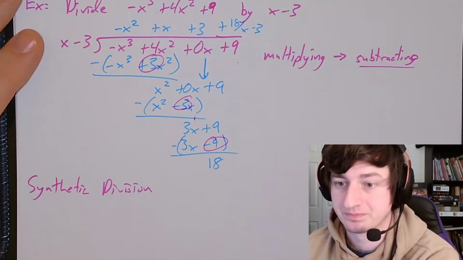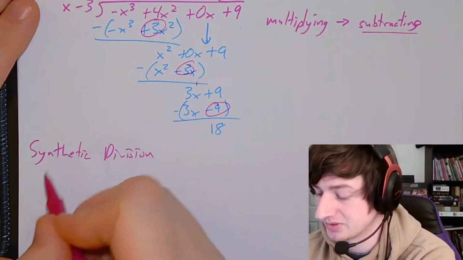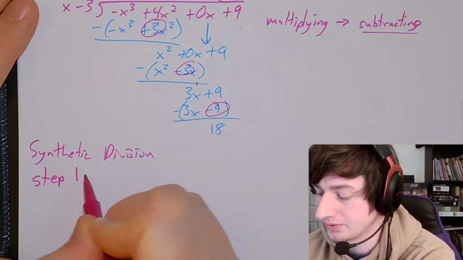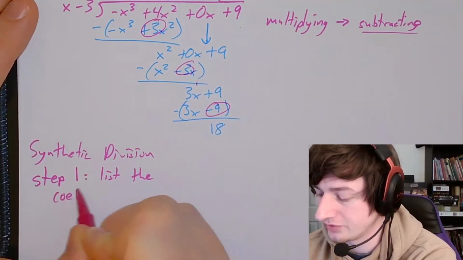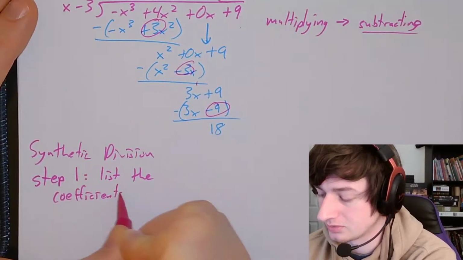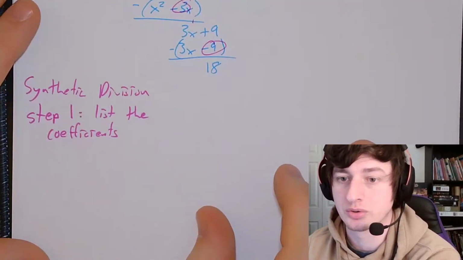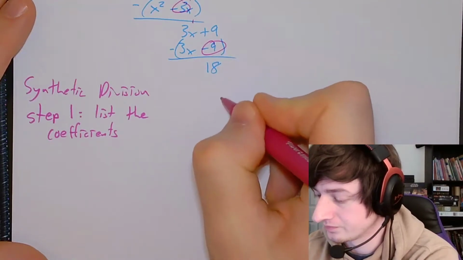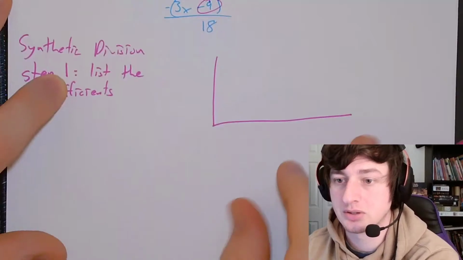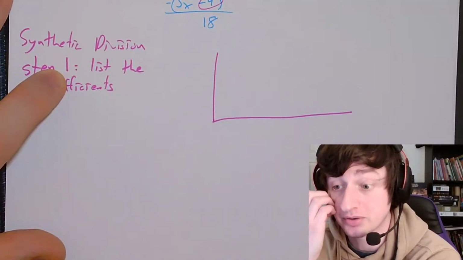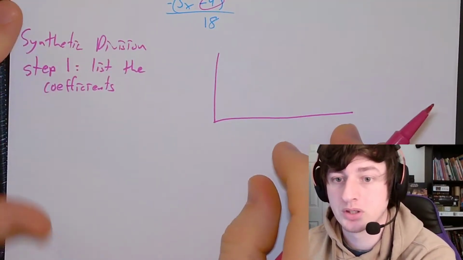Step 1, and I'm going to list out my steps as I go. Step 1, list the coefficients. We'll color code our steps. So we're going to make a little L-shaped box to keep track of our numbers, and we're going to list the coefficients.